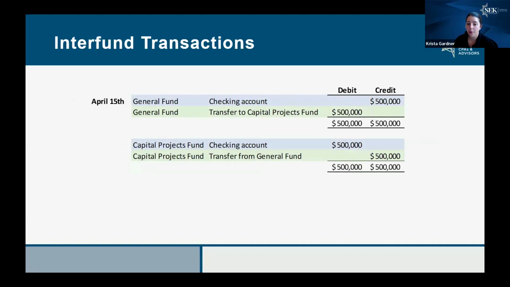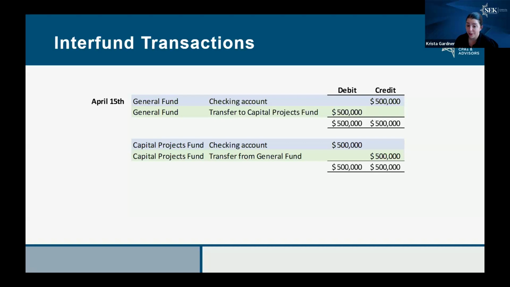So on the top, on the general fund, you can see $500,000 on the credit side coming out of the checking account. And then we record a debit of transfer to capital projects fund. So that is an expense type account. It's a transfer out of the general fund. So our general fund transaction is balanced, $500,000 coming out of the checking account, and we show it as a transfer of $500,000 to the capital projects fund.